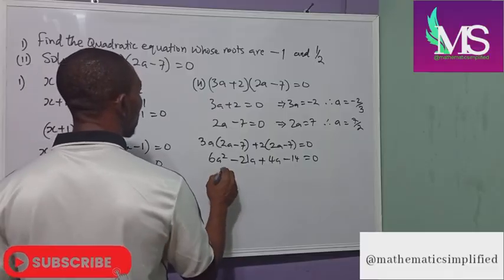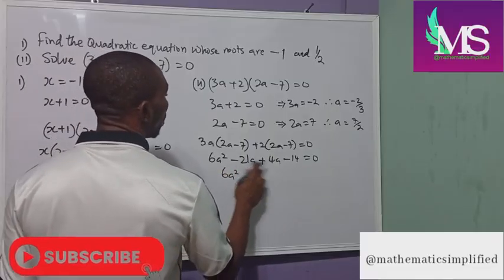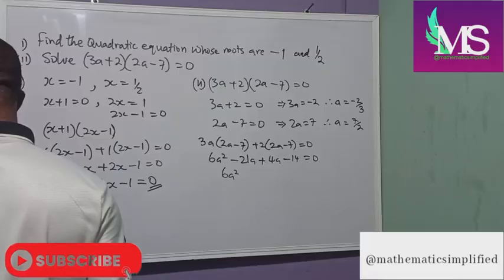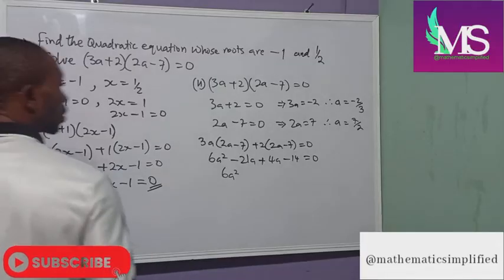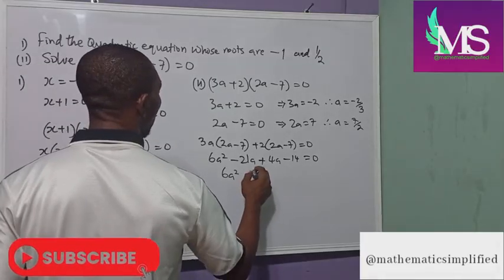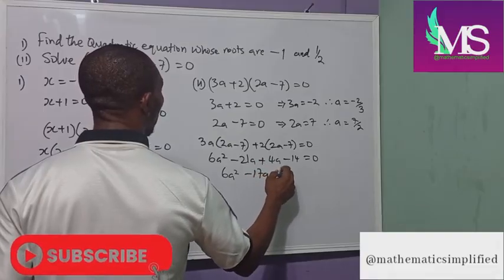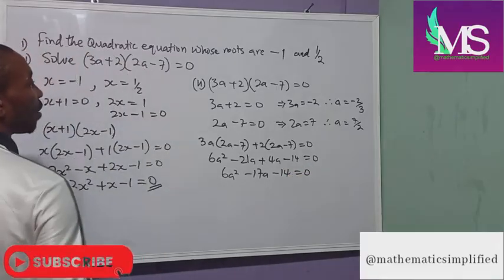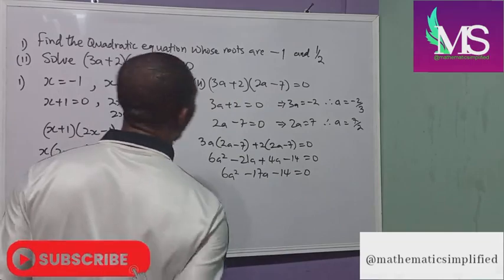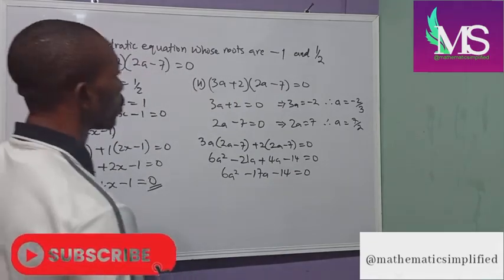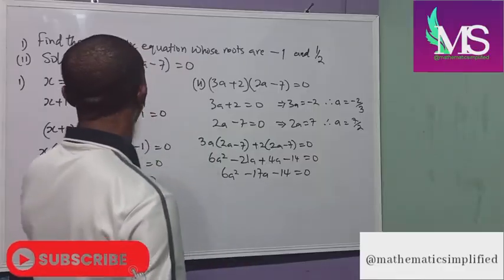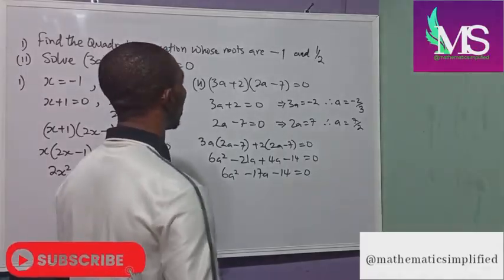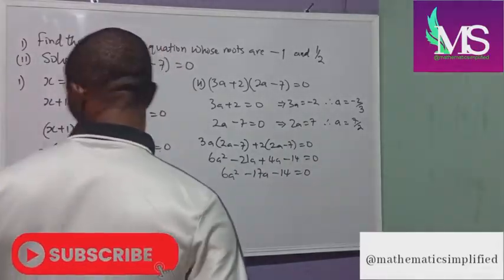So we're having this as 6a squared, minus 21 plus 4 will give us minus 17a, minus 14. So this is the equation that gave rise to these factors. Alright, so when we solve it out, just as it says solve, we are having it as minus 2 over 3 and 7 over 2.